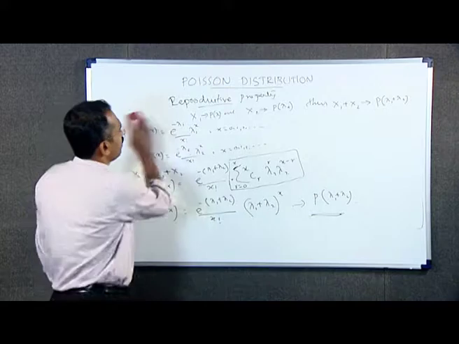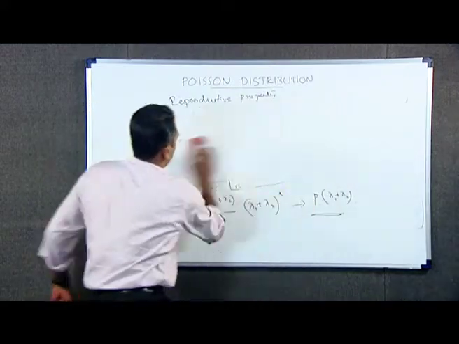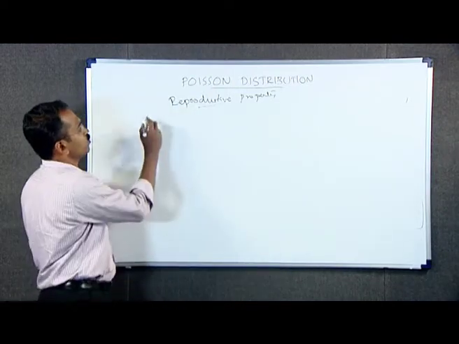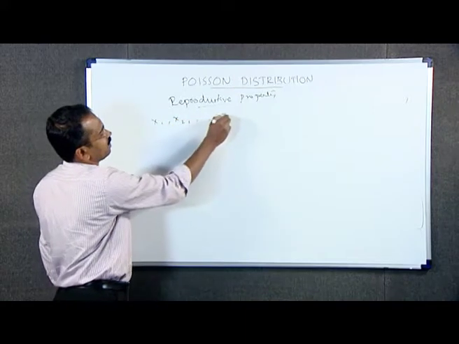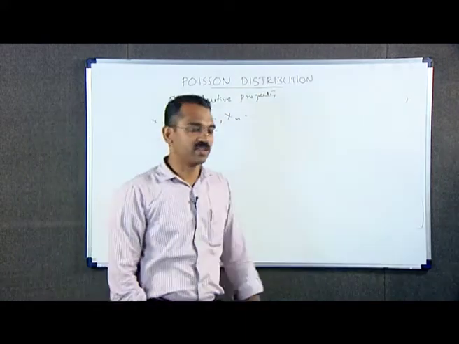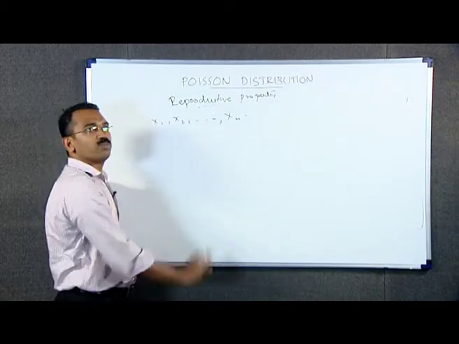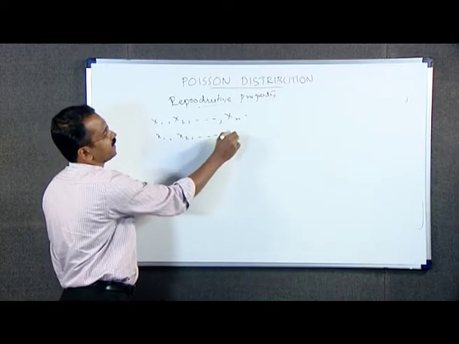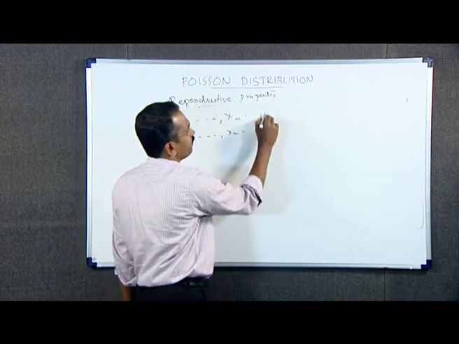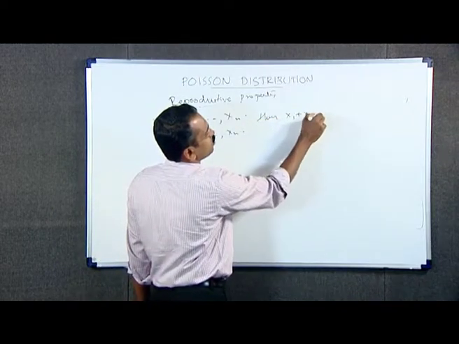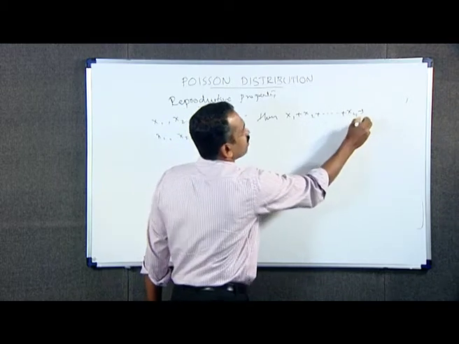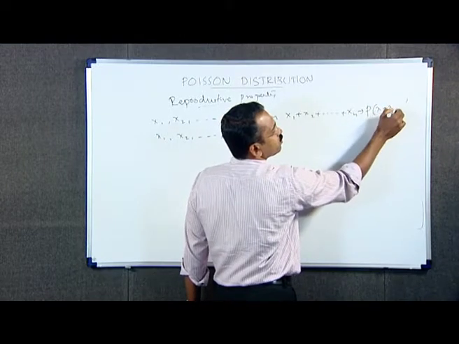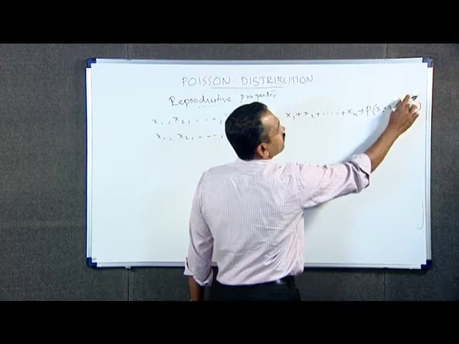This property can be generalized as: if x1, x2, etc., xn are n independent random variables having the Poisson distribution with parameters lambda 1, lambda 2, etc., lambda n, then the sum x1 plus x2 plus etc. plus xn follows Poisson distribution with parameter lambda 1 plus lambda 2 plus etc. plus lambda n.